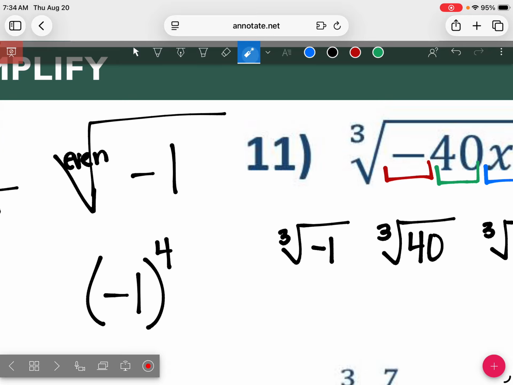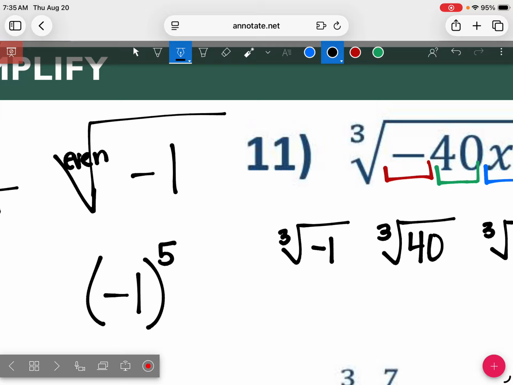Keep the parentheses and change it to a 5. Do you get -1? Yes. So whenever the index is odd, we can actually get the negative so it can come out. But it's impossible to get -1 if you raise -1 to an even power.